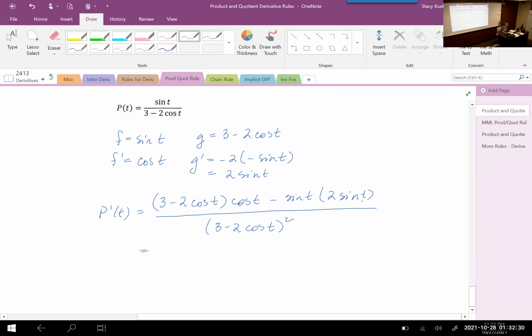So then we're going to simplify. The 3 cosine t minus 2 cosine squared t minus 2 sine squared t, all over the denominator.